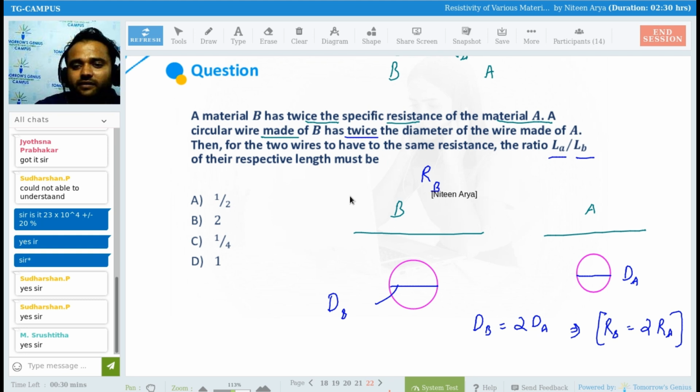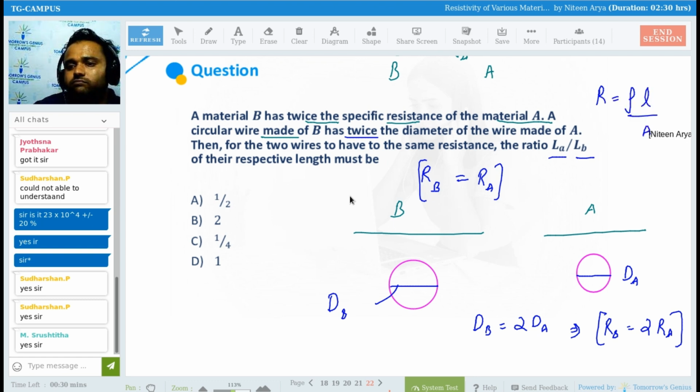Now we know this, use this relation and tell me LA by LB. Clear? Whenever you read a question, mark out whatever is given. Try to picturize the thing and tell me the answer.